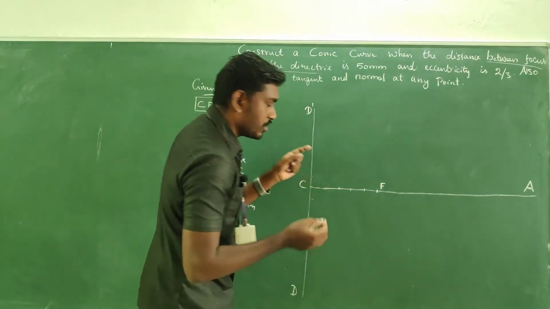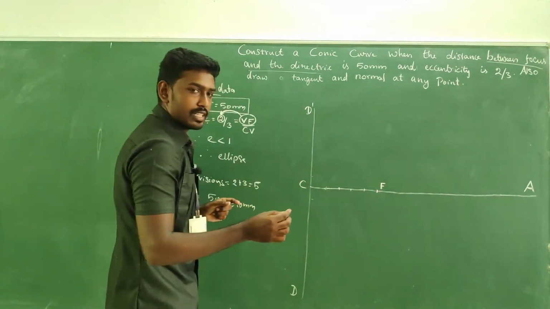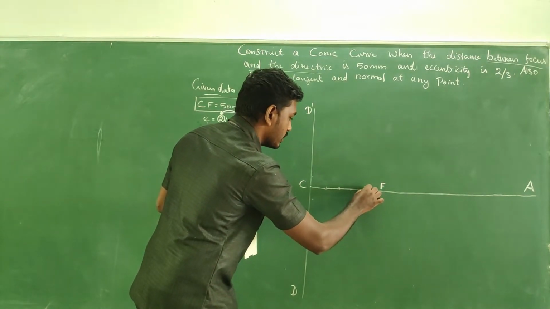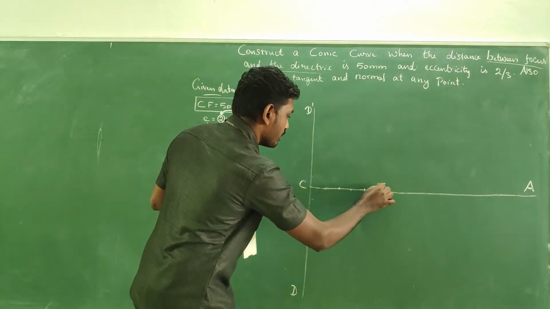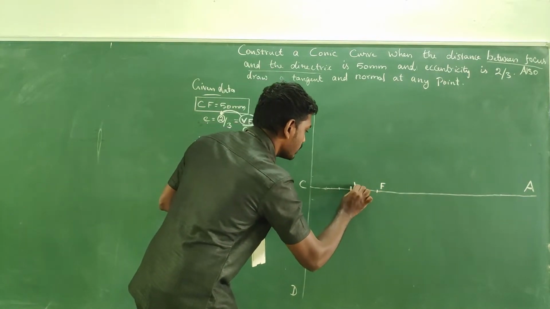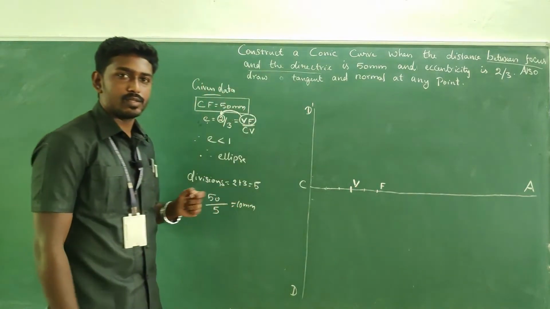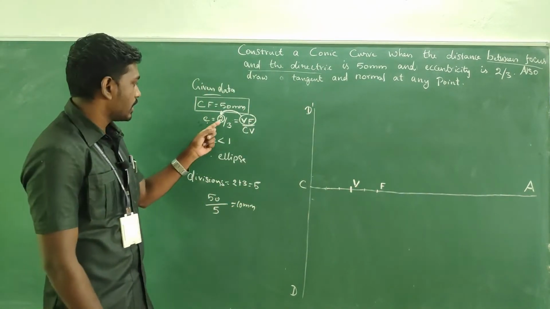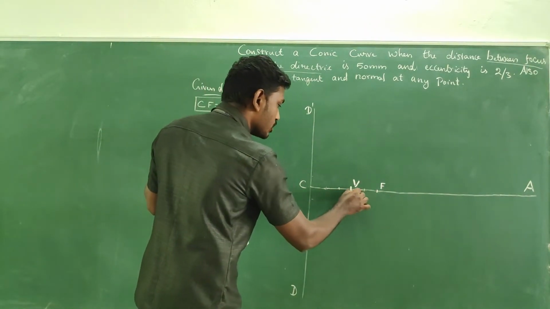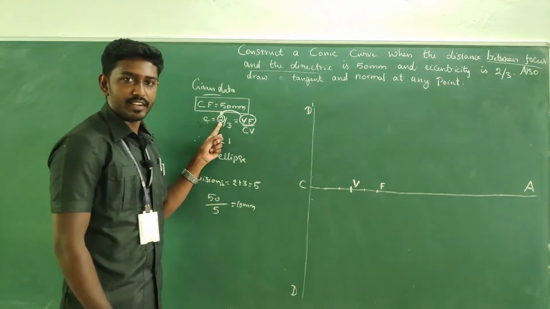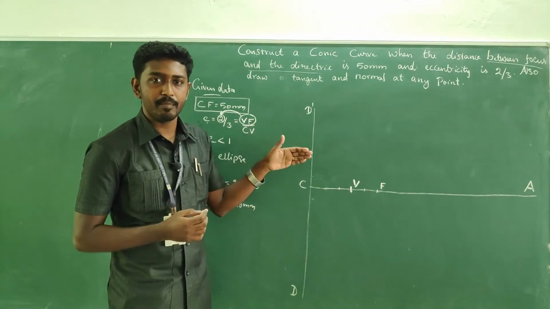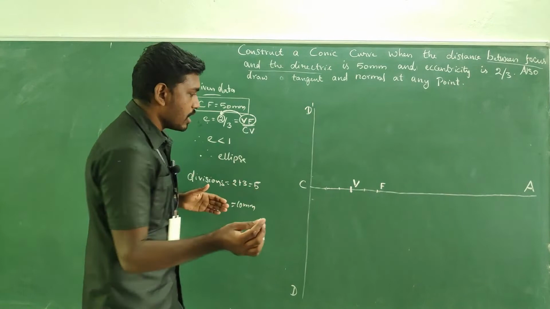So from the focus, we count 2 equal divisions: 1, 2. This is the exact place for our vertex. So this is the spot for the vertex. Afterwards, we need to find the gate line and gate point in order to draw our profile.